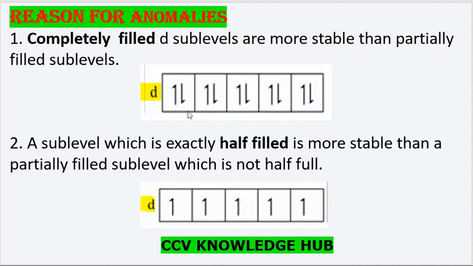So these two states are very much stable when compared to incompletely filled d orbitals, that is d1, d2, d3, d4, right? d5 again is a more stable state, and d6, d7, d8, d9 are incompletely filled states. Like that we can explain.